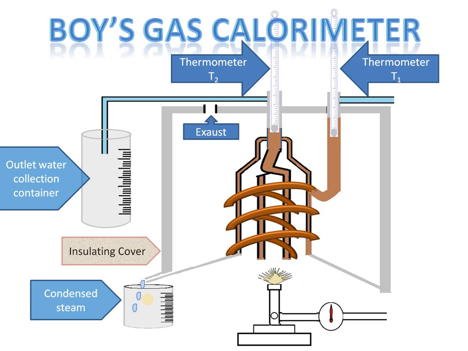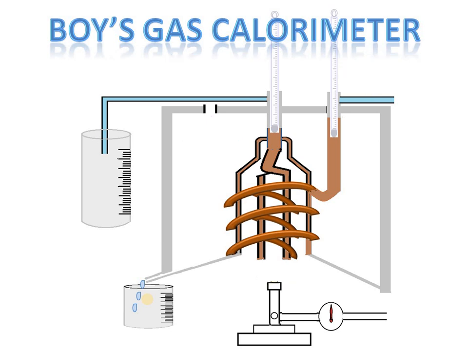By knowing the difference between the temperatures given by thermometer T1 and thermometer T2, we will be able to find the rise in temperature of water. Now we will see the working of Boyle's gas calorimeter.